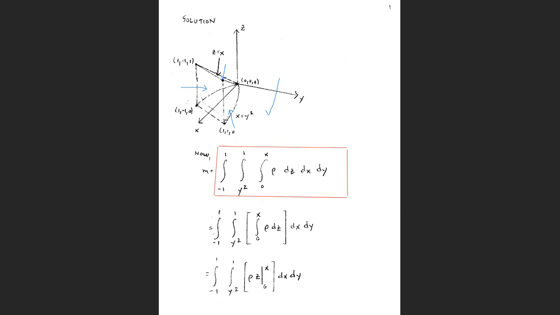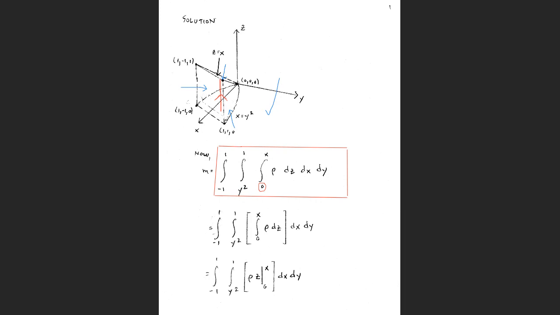Well, let's remember the z limits come from going from a surface on the bottom to a surface on the top. That's why I drew this red line here.